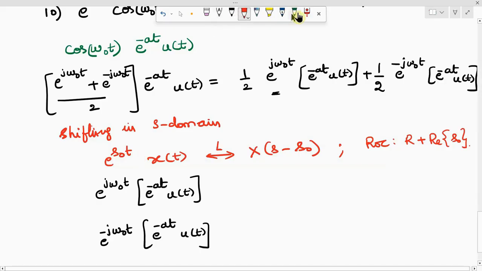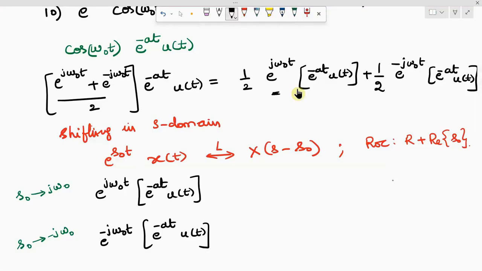What is s naught in this case? j omega naught. And in the second case, s naught is minus j omega naught. We know that e power of minus at u of t, which is now the x of t form, has the Laplace transform 1 by s plus a, which is now x of s.